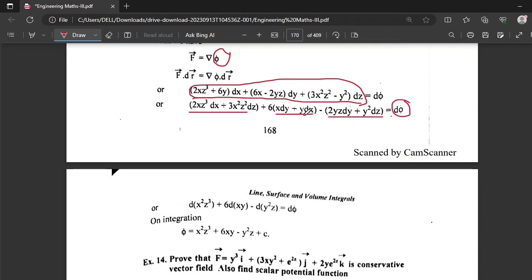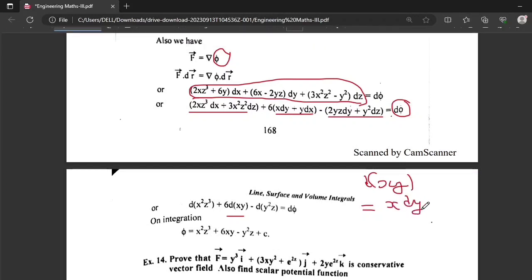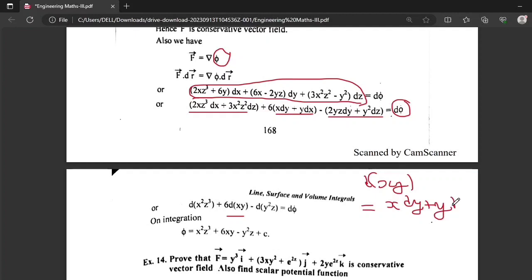First, x dy plus y dx is d(xy), because d(xy) using the product rule is the first function times the derivative of the second plus the second times the derivative of the first. So 6 outside, 6 d(xy). We also need to convert this into exact form.